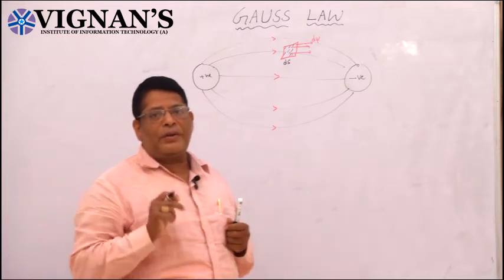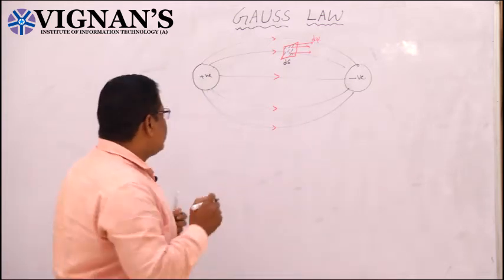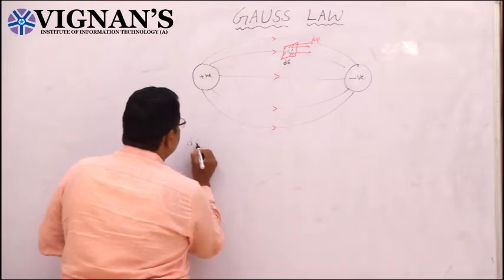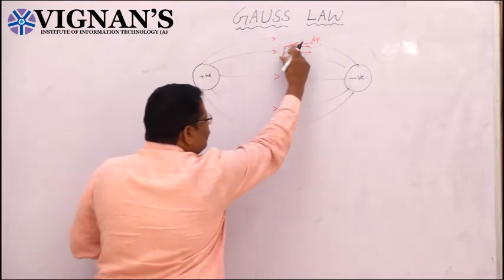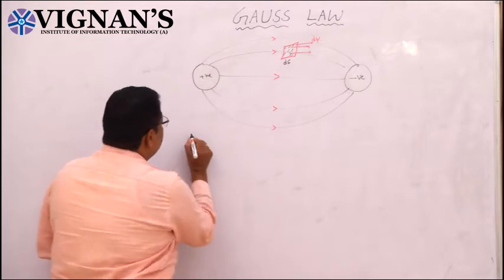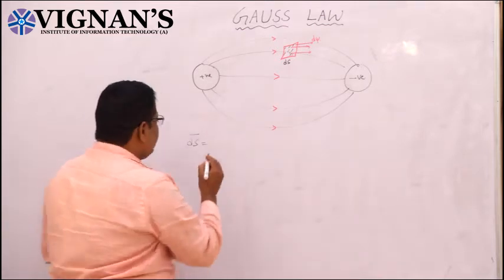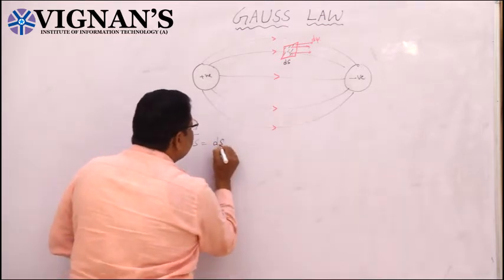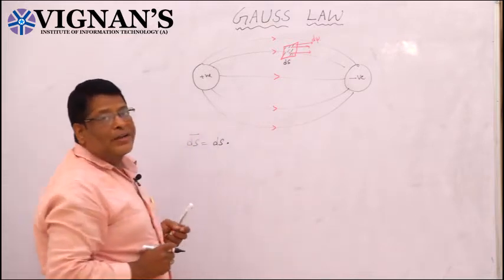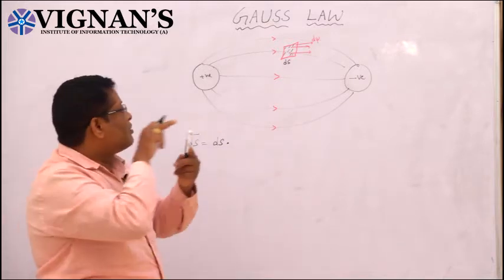So how do we represent this vector quantity? dS equals the magnitude of this area, that is dS in this case, into the unit vector which is perpendicular to the surface area.